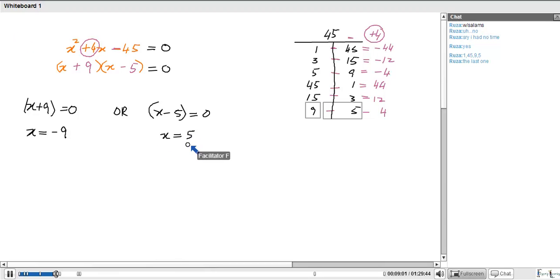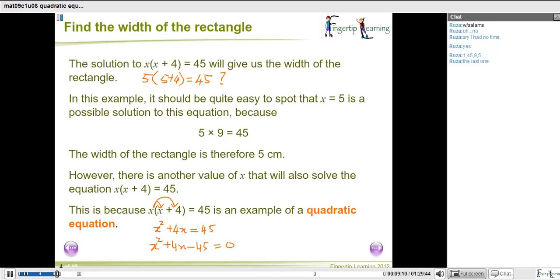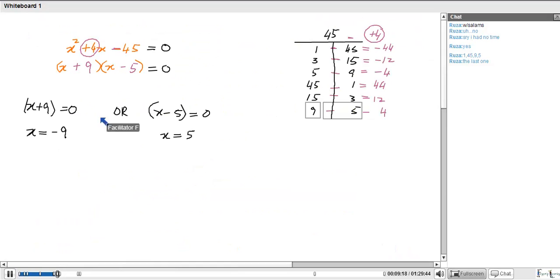Now from this, can you see we got this 5 there? They say x can be negative 9, x can be 5. But we only took x as 5 in this question, isn't it? What was the reason? You know, your width or length cannot be a negative length.